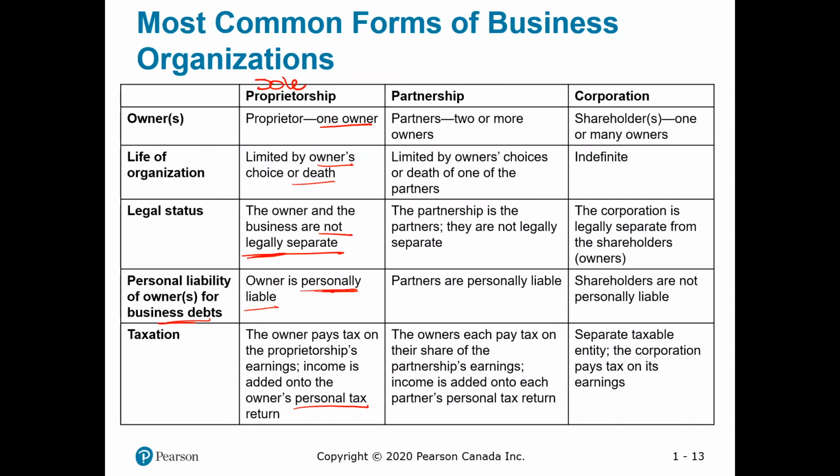An example of a proprietorship, these are typically just smaller businesses. Maybe you could think of it as a side gig that someone has. So for example, if someone sells Tupperware, they typically are doing this on the side. It may be their main form of income, it may not be, but it's just a small operation for them, and they likely operate as a sole proprietorship.